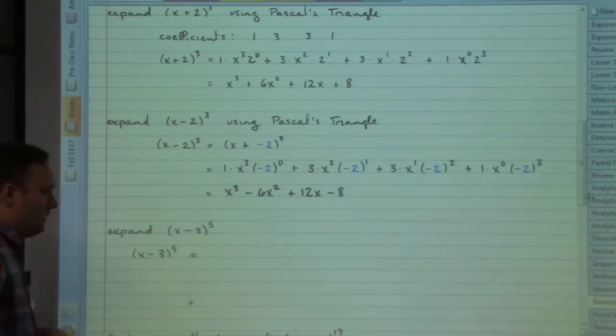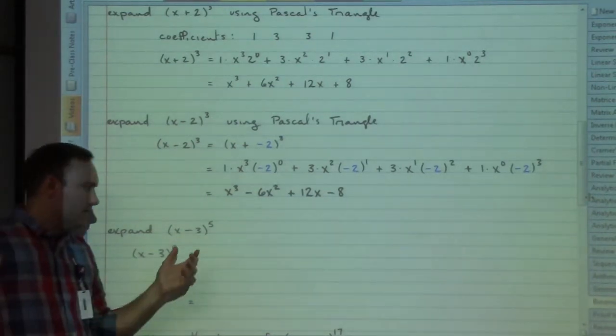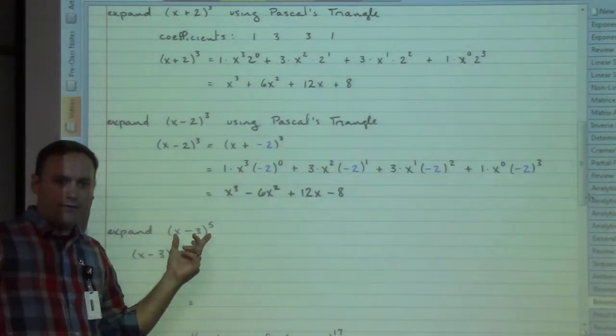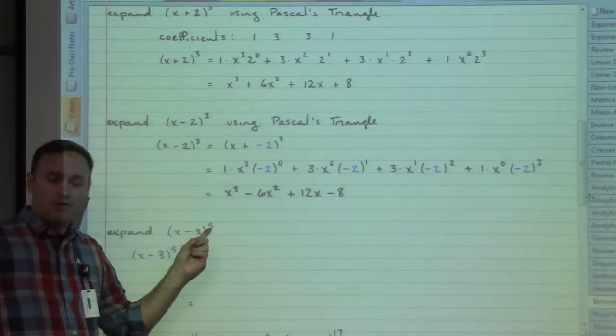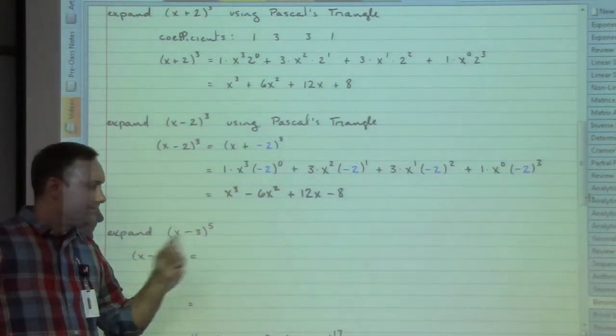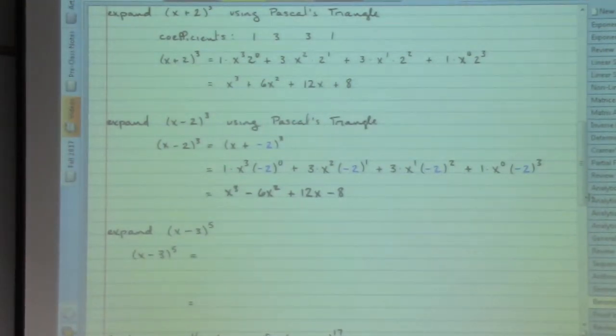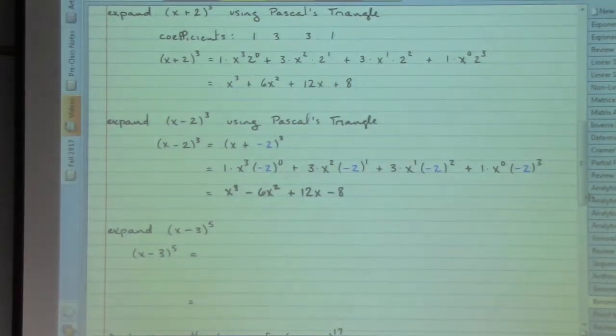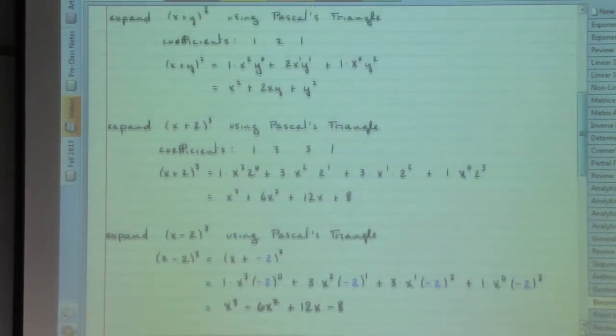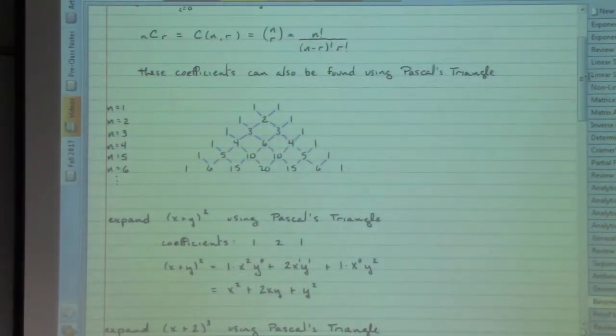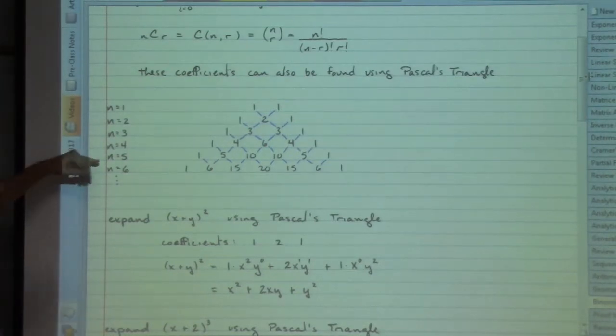With Pascal's triangle that I had already worked out for you, we have the row that would match up with our power of 5. And so we can use those coefficients. Let me again backtrack, and we'll point out that specific row of the Pascal's triangle.